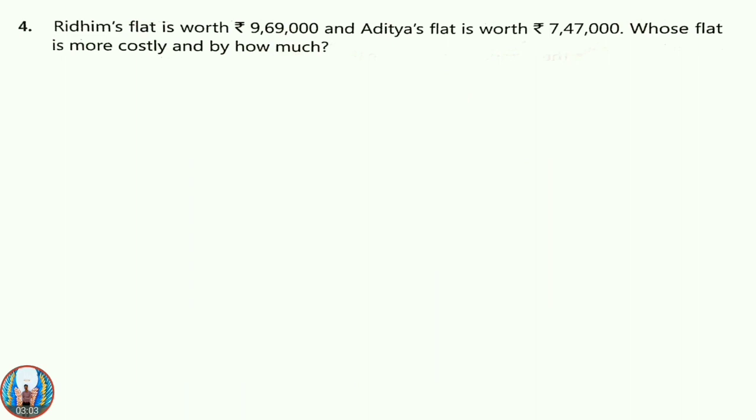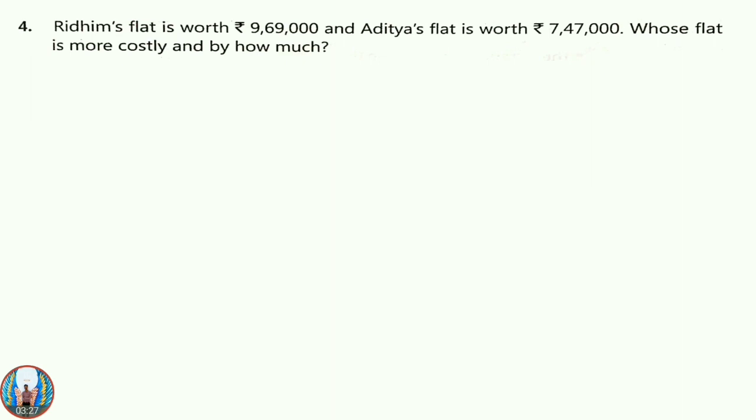Question number 4. Ridhim's flat is worth 9,69,000 and Aditya's flat is worth 7,47,000. Whose flat is more costly and by how much? It is clearly seen that Ridhim's flat is more costly because it has the higher value.